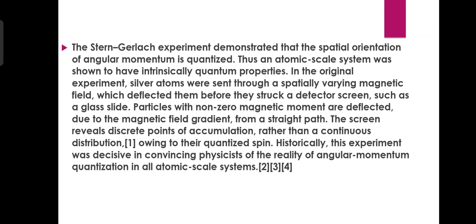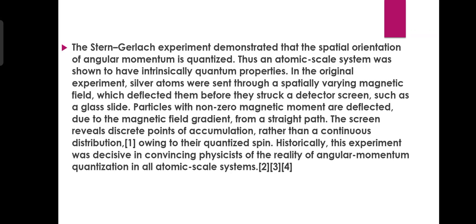The Stern-Gerlach experiment demonstrated that the spatial orientation of angular momentum is quantized. Thus, an atomic scale system was shown to have intrinsically quantum properties. In the original experiment, silver atoms were sent through a spatially varying magnetic field which deflected them before they struck a detector screen, such as a glass slide.